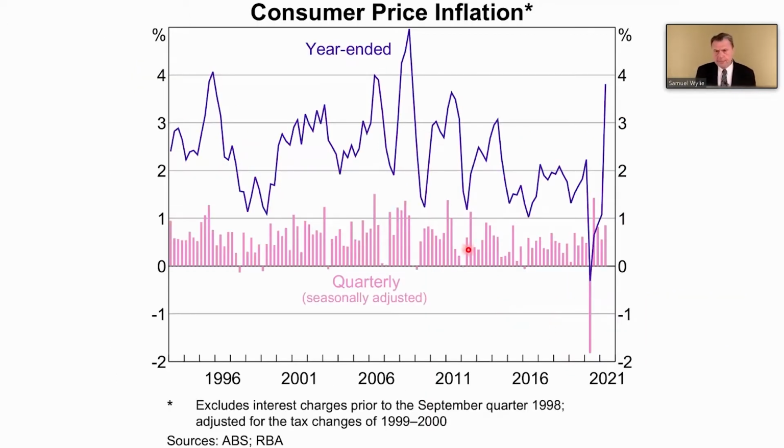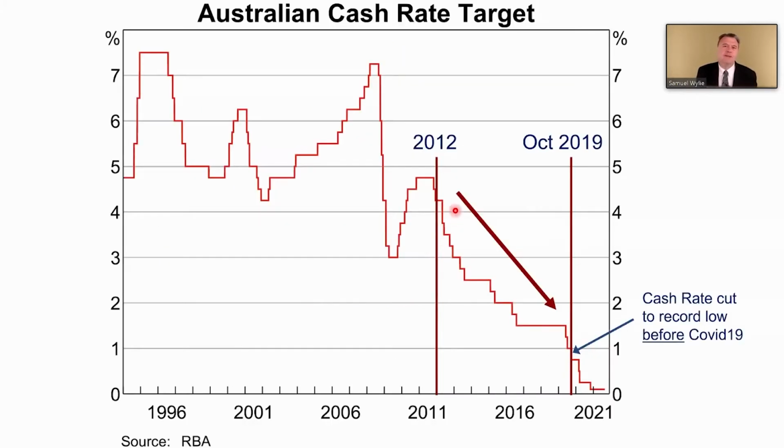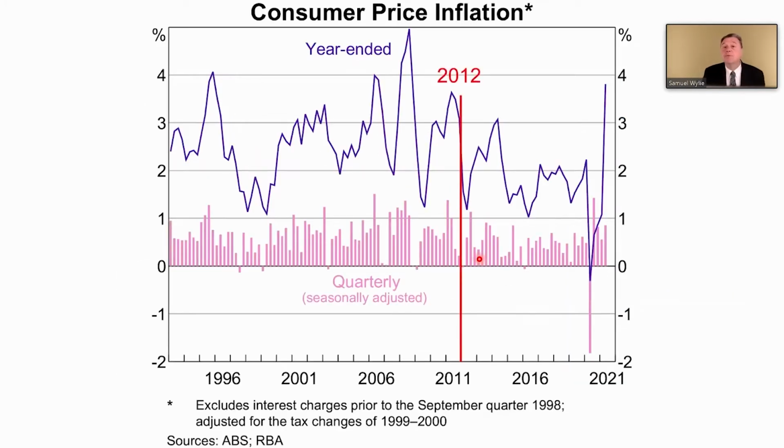And we can see here what's happened to inflation. Let me just remake my point here, that interest rates have gone down, down, down since 2012. We would expect that inflation had fallen with interest rates falling like this. But in reality, inflation has gone from the mid-twos in 2012 up to 3.8%, where it is today. So paradoxically, interest rates way down, inflation actually up.